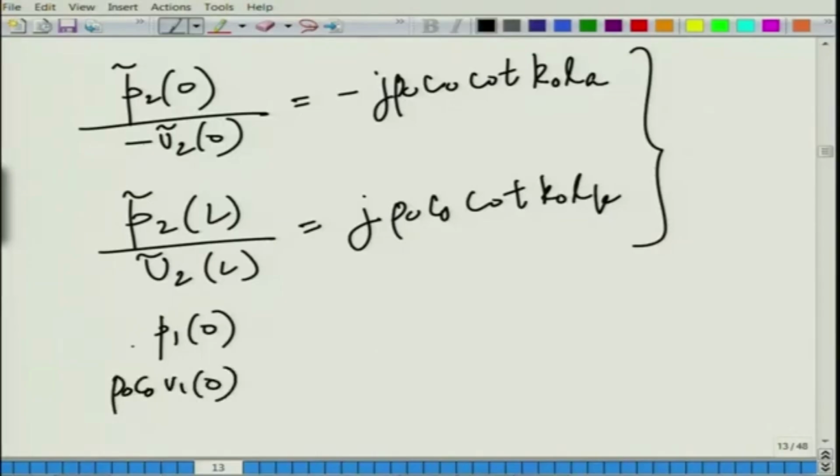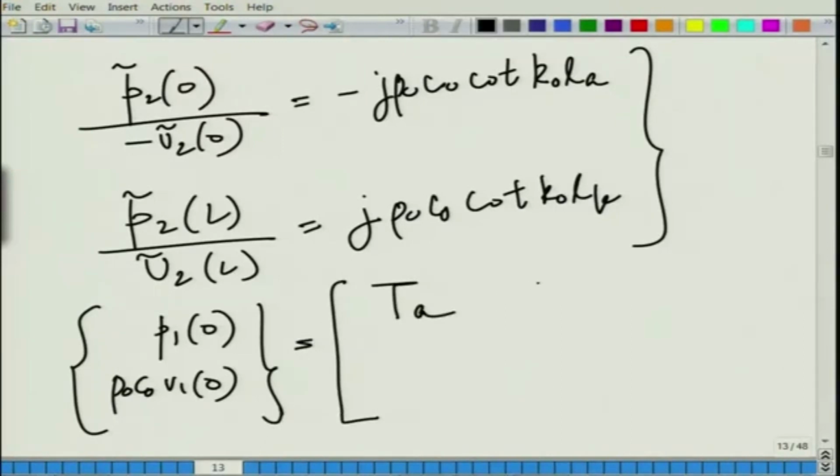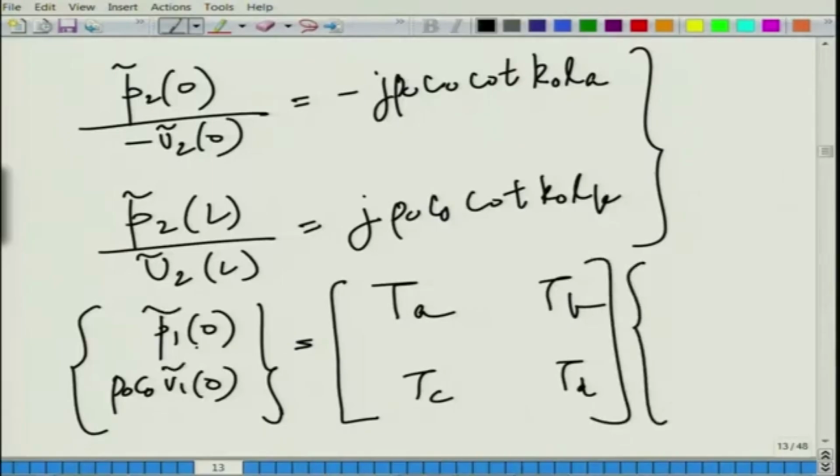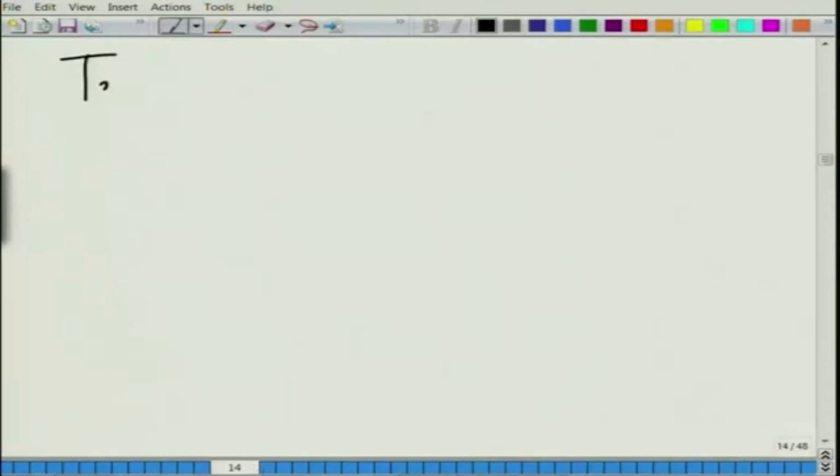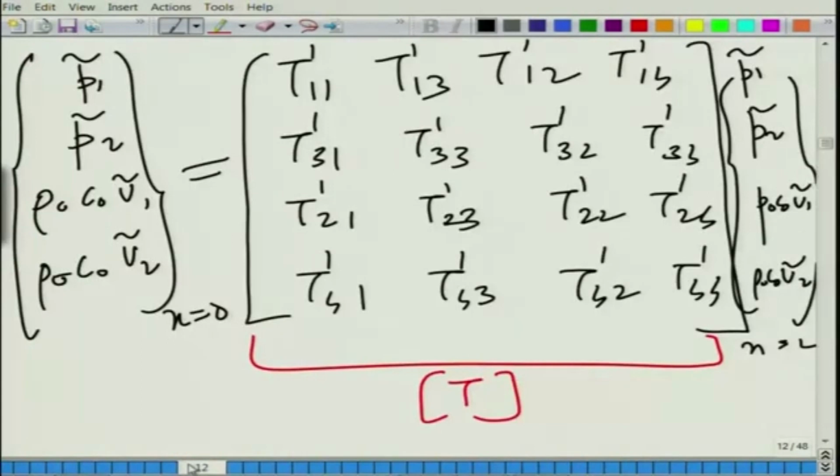So we would get P 1, U 1 at 0 as something like this, with T A, T B, T C and T D. We will get something like this, where T A is given by T 11, that is really this particular element.